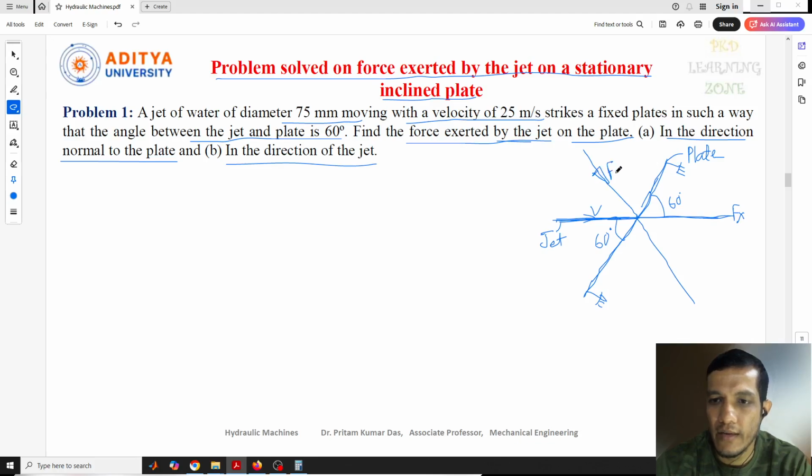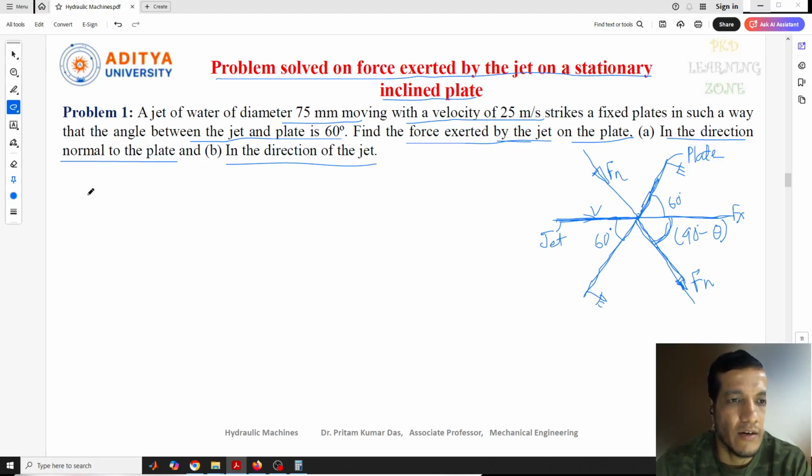So this is Fn, and here also you can write this is Fn, and this Fn will make an angle of 90 degree. You can see it may look like a slightly different angle, but it is 90 degree actually. So this one we can write as 90 minus theta, and 90 minus theta is nothing but 90 minus 60 degrees. Anyway, so this is the diagram of this.